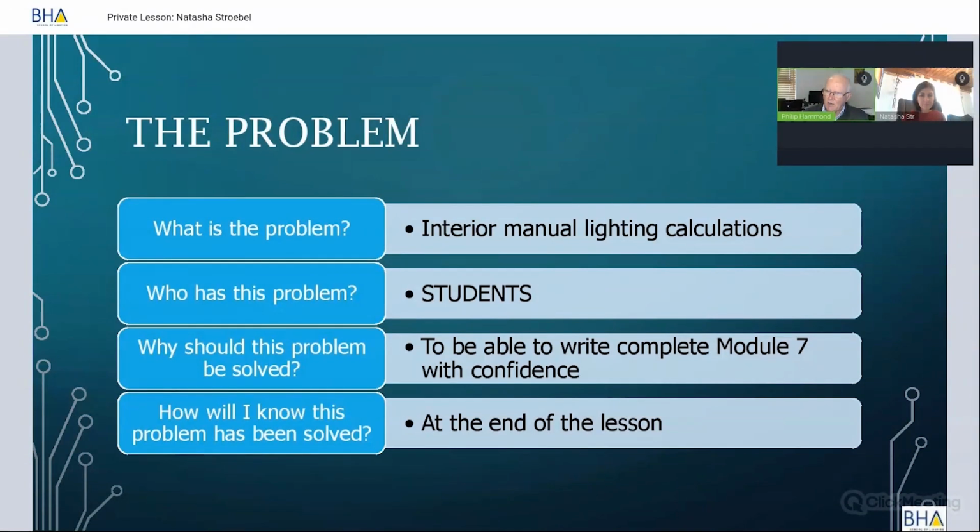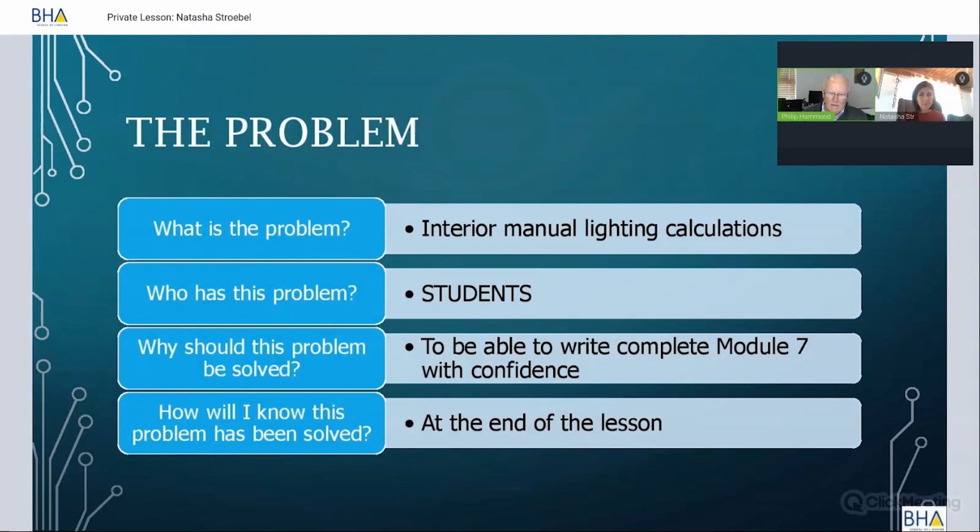But if load shedding got that bad that you had no power and you ran your computer battery until there was no more power in the battery, how are you going to do a lighting calculation? You can't use the software, no computer.